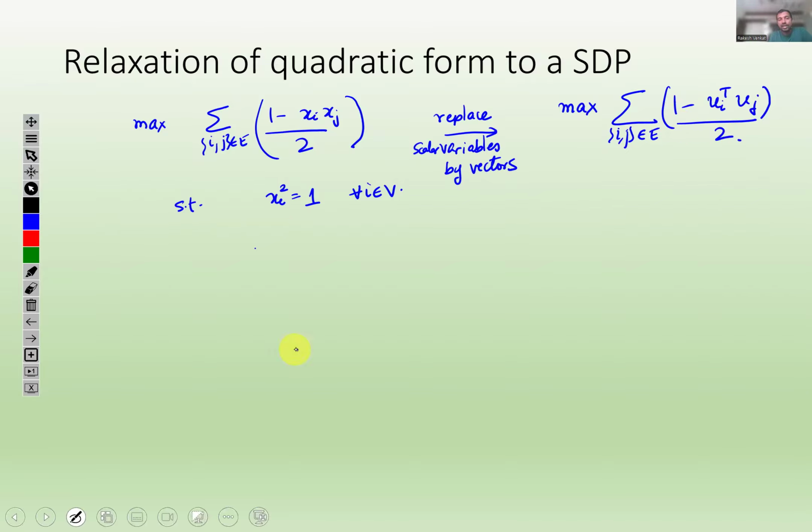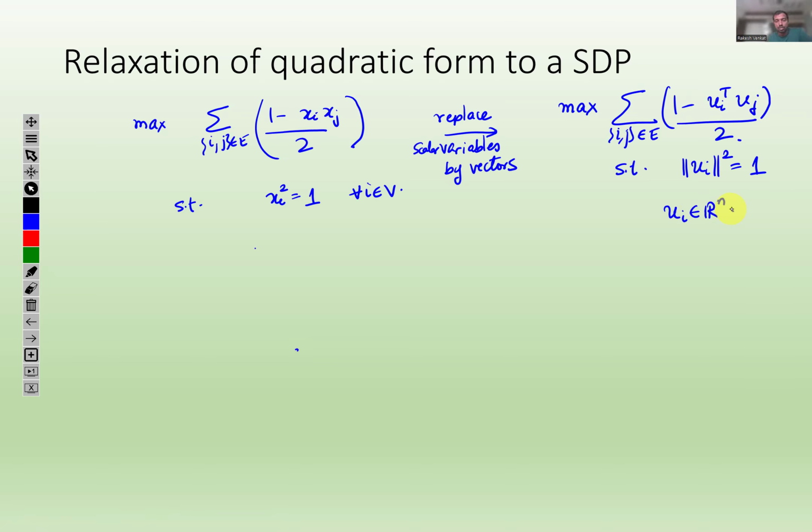And the square equal to 1, I'm going to replace by the fact that these are unit vectors. So instead of xi, I'm putting ui, and ui is in some n-dimensional space.